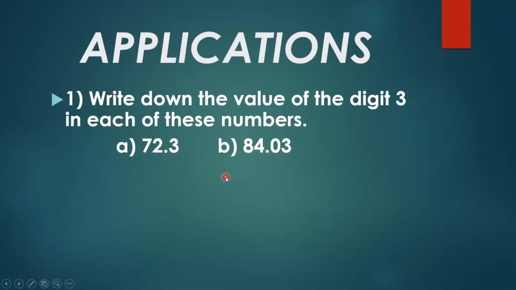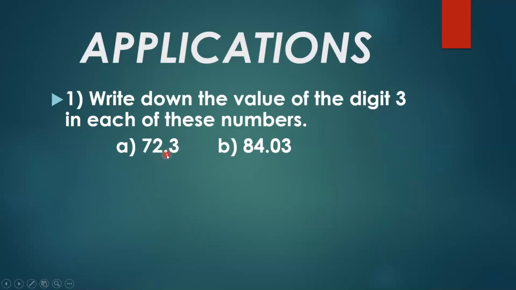Now, how will you find the value of the digit 3 in each of these numbers? Now concentrate on 72.3. In this 72.3, this is the decimal notation, with the help of which we identify this as a decimal numeral number or decimal numeral system. Now the question is, we need to find the value of the digit 3 in this number 72.3.